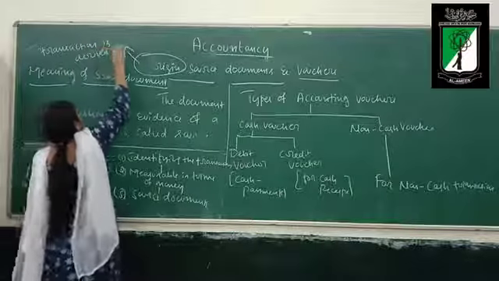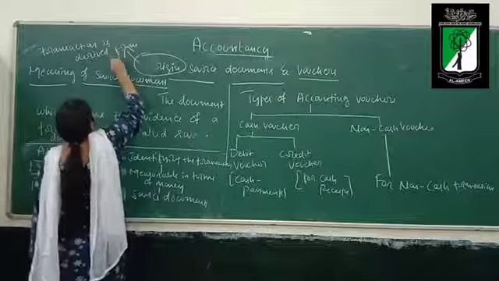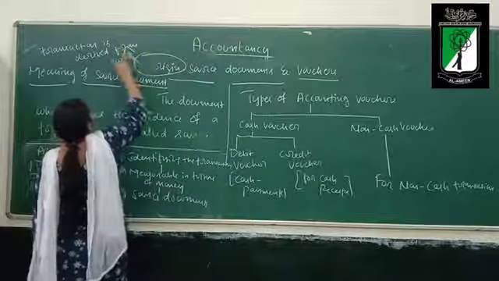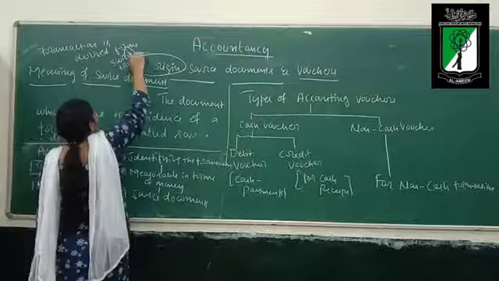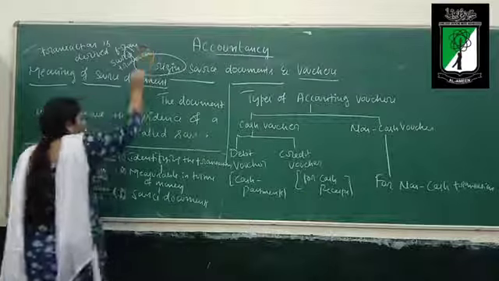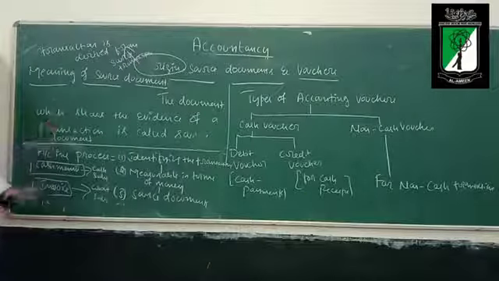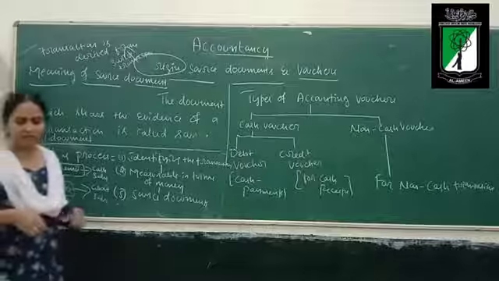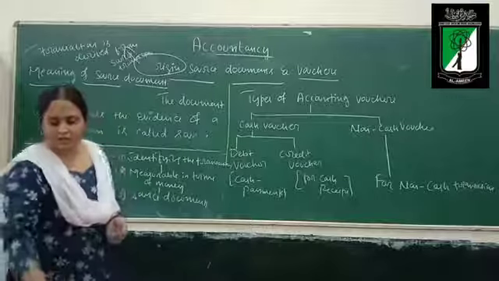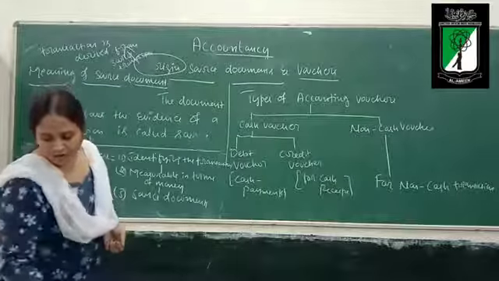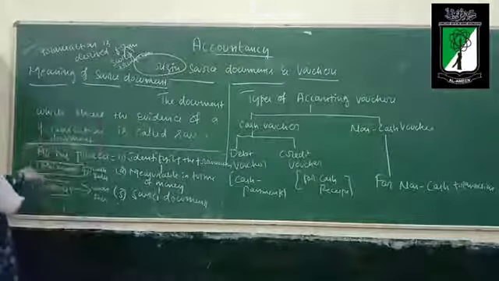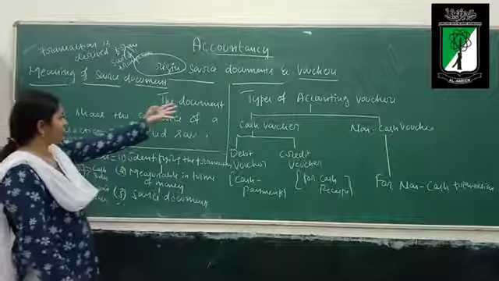All these are called source documents. Now next, you have cash memo, invoice, and you have vouchers.